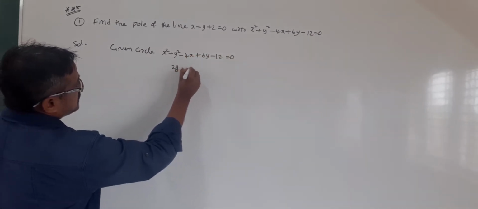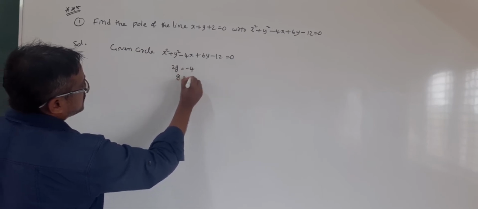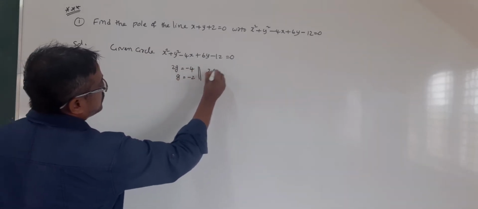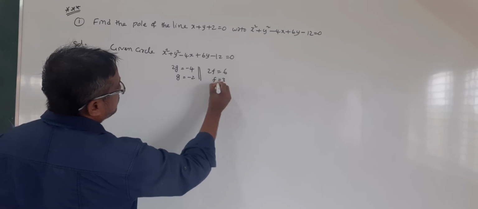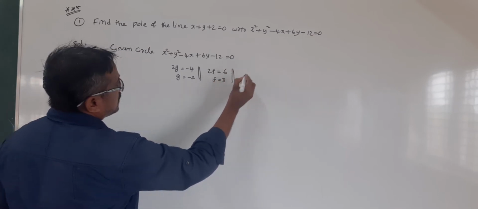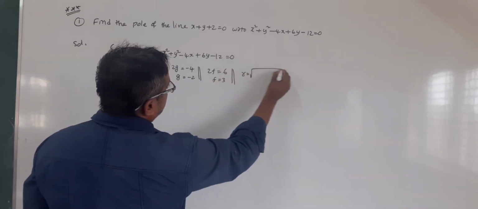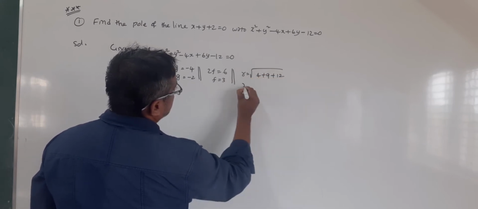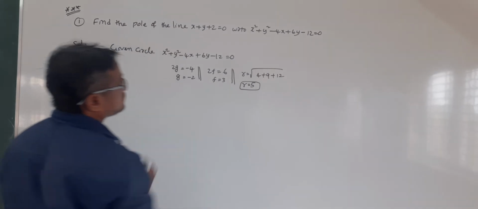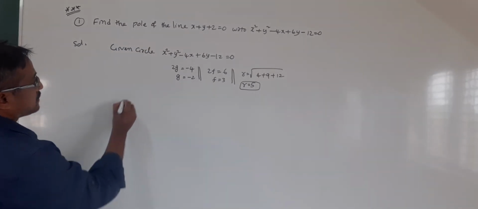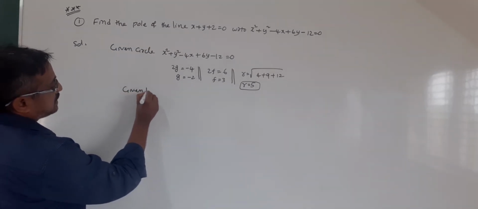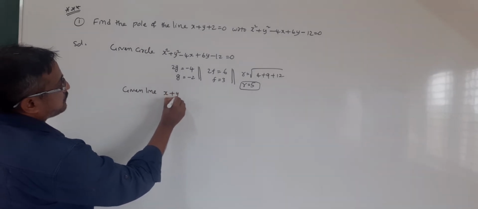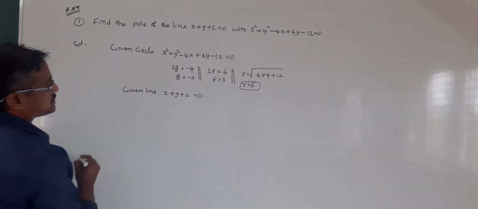Here 2g is equal to minus 4, g is equal to minus 2. 2f is equal to 6, f is equal to 3 and r is equal to root of 4 plus 9 plus 12. So r is equal to 5. Now given line x plus y plus 2 is equal to 0.